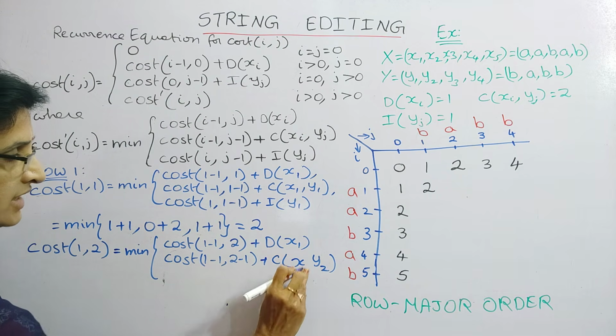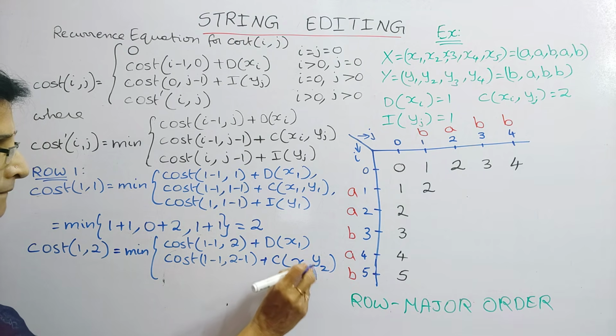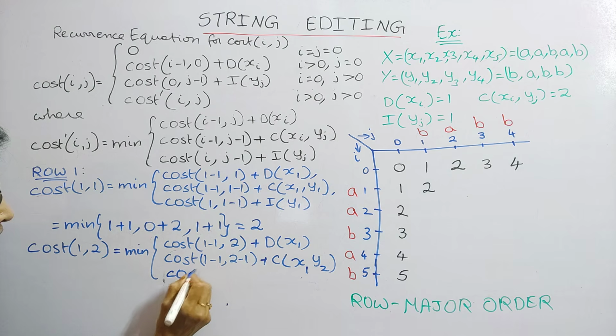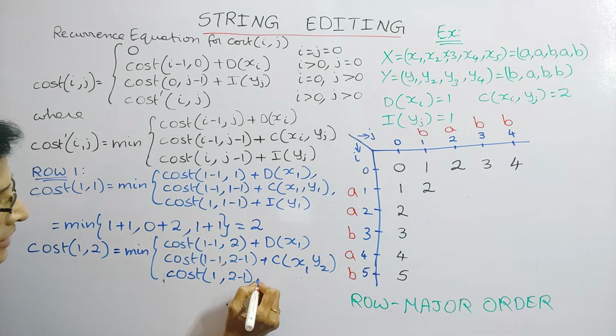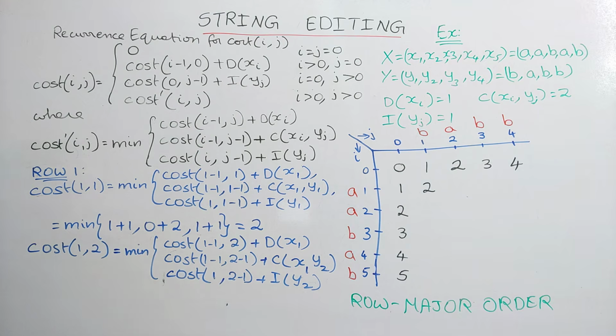Now you have to change x1 into y2. And the third one is cost of 1 comma 2 minus 1 plus insert of y2. So now you have to find the minimum of all these three.